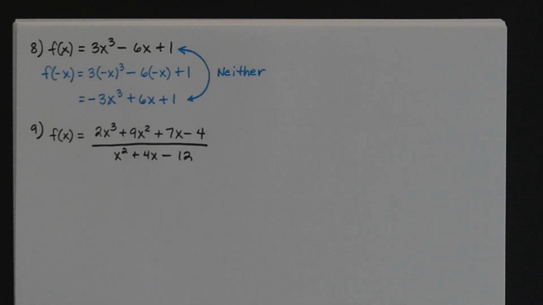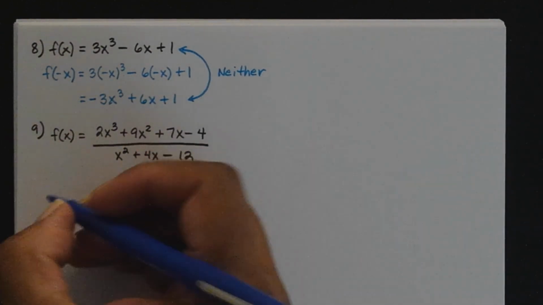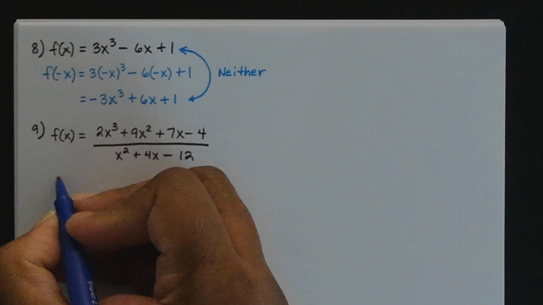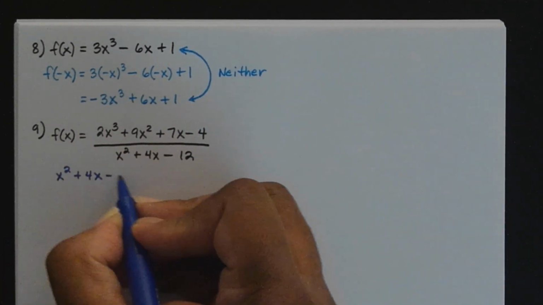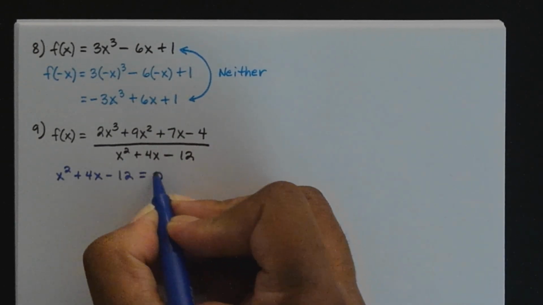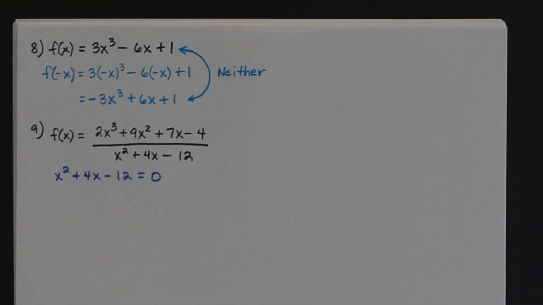In this case, I have a rational function because I have a numerator and a denominator, and I do have variables in the denominator. So what I need to do here is take what's in the denominator and set that equal to 0 because I want to find out what values of x would give me a 0 in the denominator. So I'll take x squared plus 4x minus 12 and set that equal to 0.